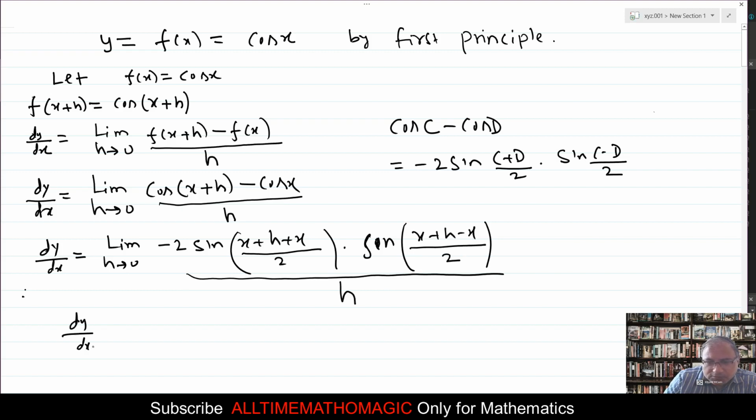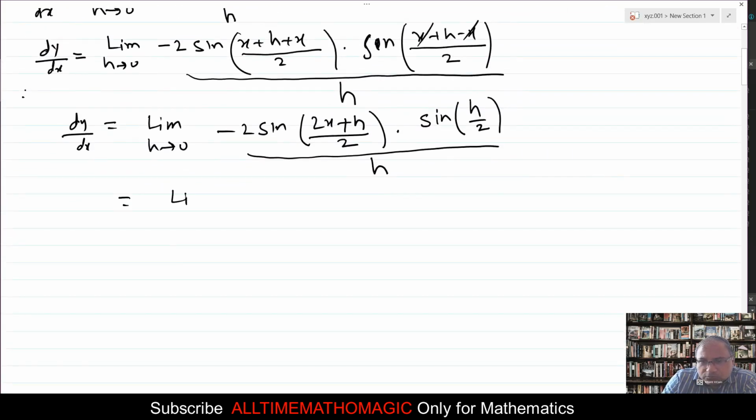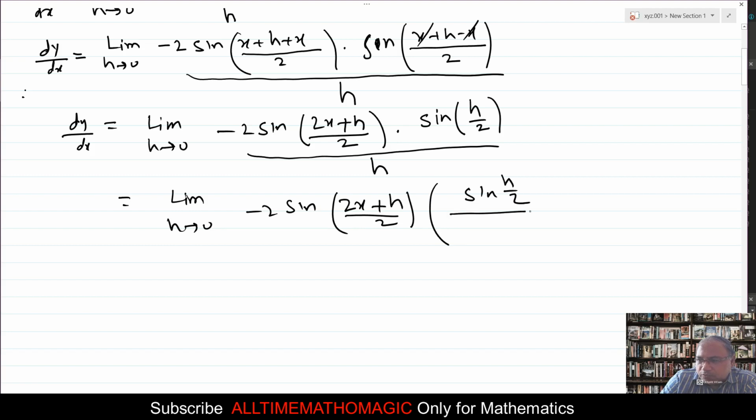So dy by dx equals limit h tending to 0 of minus 2 sin of (2x plus h) by 2, and this cuts down to sin h by 2 upon h, equals limit h tending to 0 of minus 2 sin of (2x plus h) by 2 and sin h by 2, and this h can be written below sin h by 2. So here is the h.